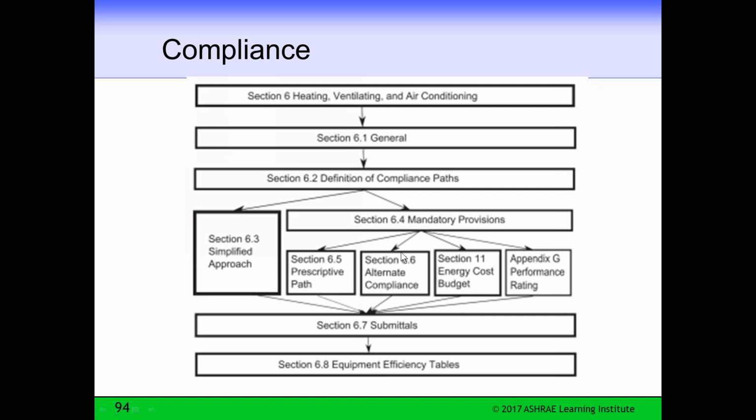This is that computer room or data center compliance that I mentioned earlier. Or you can always go to energy cost budget, or now you can go to Appendix G performance rating. So we have several ways to show compliance, but note that except for the simplified approach, which includes all the mandatory provisions anyway, you always have to do 6.4.